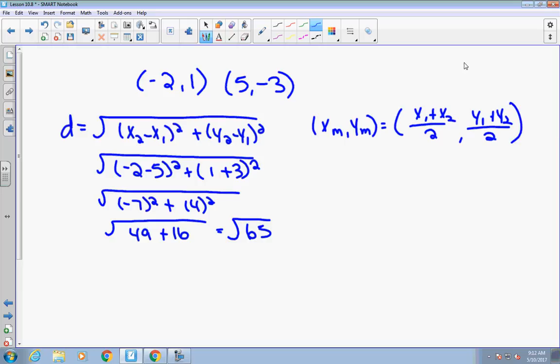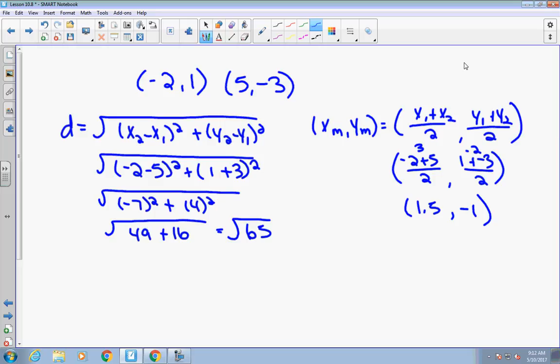So, using that same point, if I added my x's together, -2 plus 5, and divided by 2, and I add my y's together, 1 plus a -3 divided by 2. -2 plus 5 is 3. Divided by 2, which is 1.5. And 1 plus a -3 is a -2 divided by 2, which is a -1.